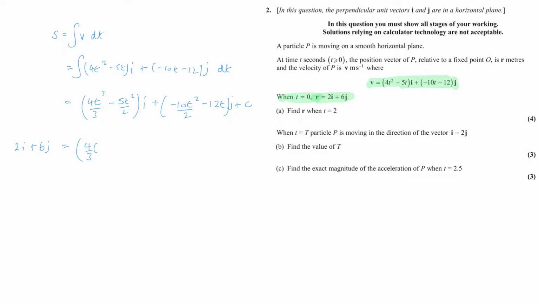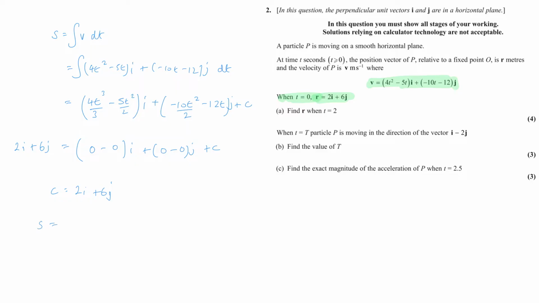No, sorry, they've all got t in it, haven't they? 0 minus 0, I plus 0 minus 0, j plus c. So c equals 2i plus 6j.